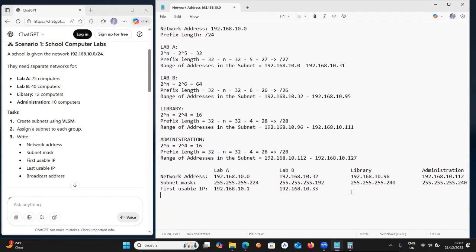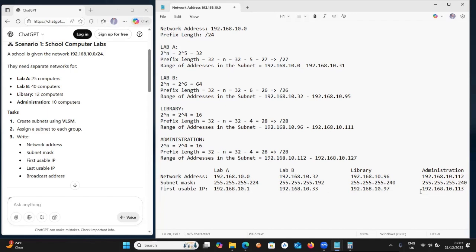The next address to the network address is the first usable address, 97. And for this, the first usable address is going to be the next address. We remove 112, then we put 113.